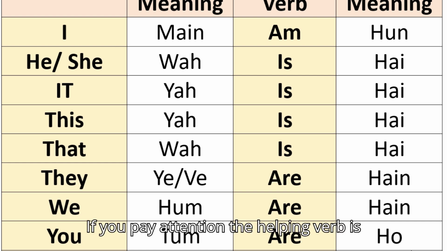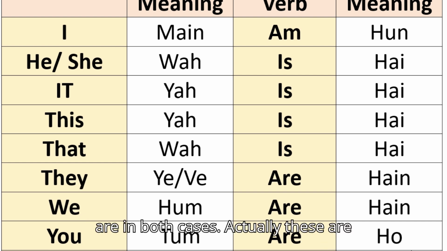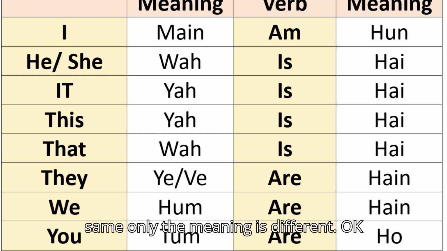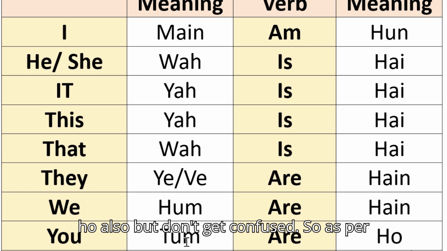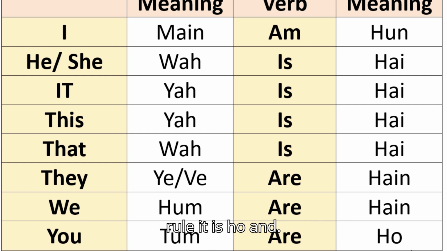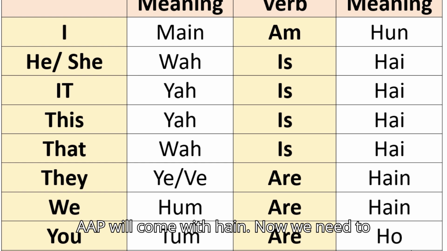If you pay attention, the helping verb is are in both cases. Actually, these are same, only the meaning is different. So it is are, but we have to be very careful. तुम comes with हो and आप comes with है. In some modern uses, people say हो also, but don't get confused. So as per rule, it is हो, and आप will come with है.